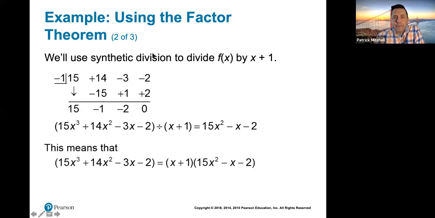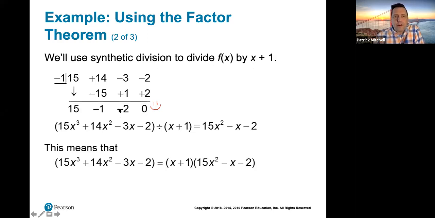And that should not be a surprise, because they told me that -1 is a 0 of this polynomial. So I was expecting this remainder to be 0. If it didn't come out to be 0, that means there's either something wrong with this problem or I made a mistake.